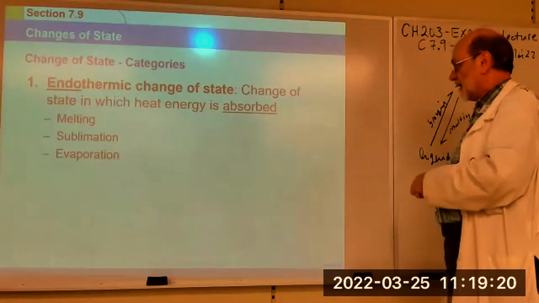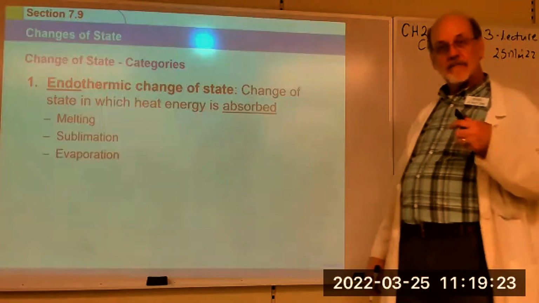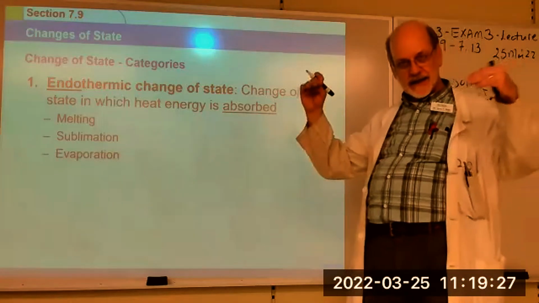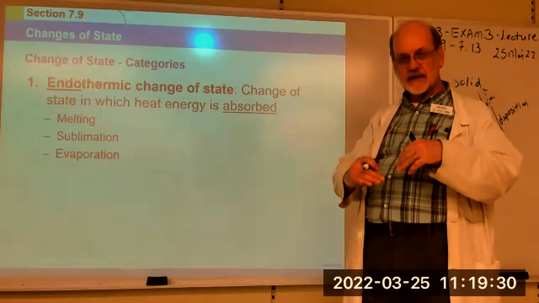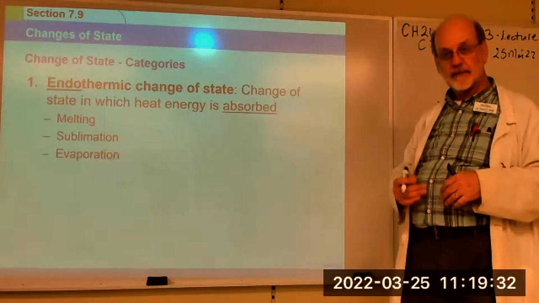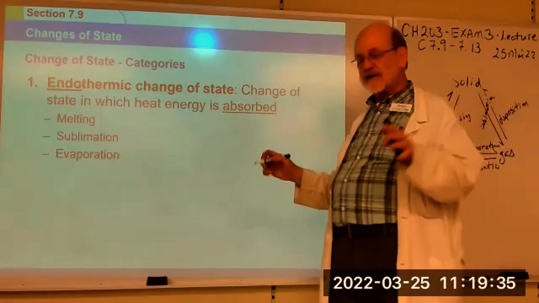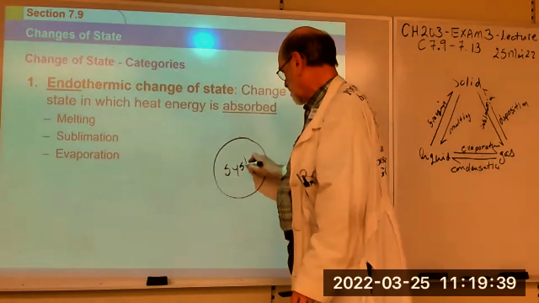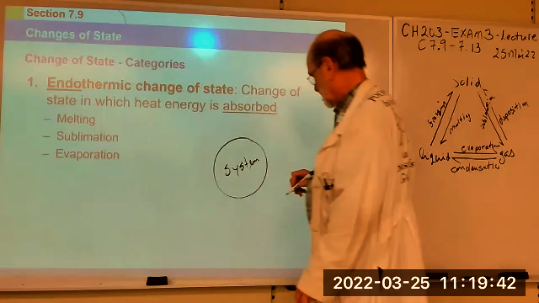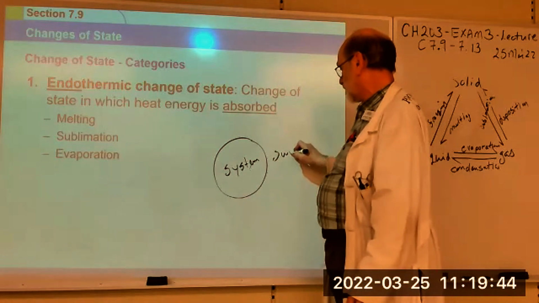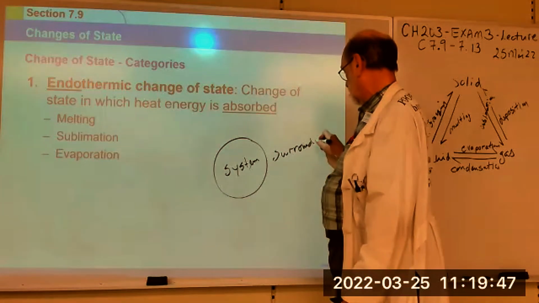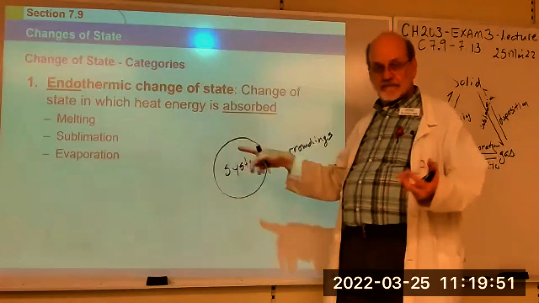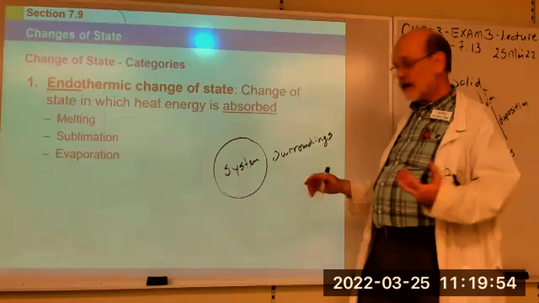Okay? For these processes, the proper term for anything where heat enters the system is endothermic. And this is a good way to think of it. This is our system, and this is the surroundings, and this is the boundary between them. Which way can heat flow? Well, heat can flow in.